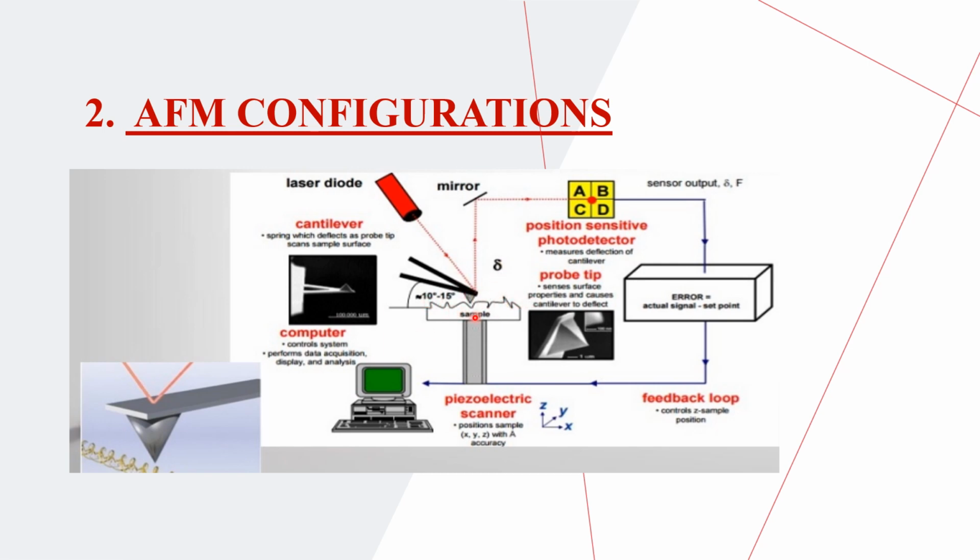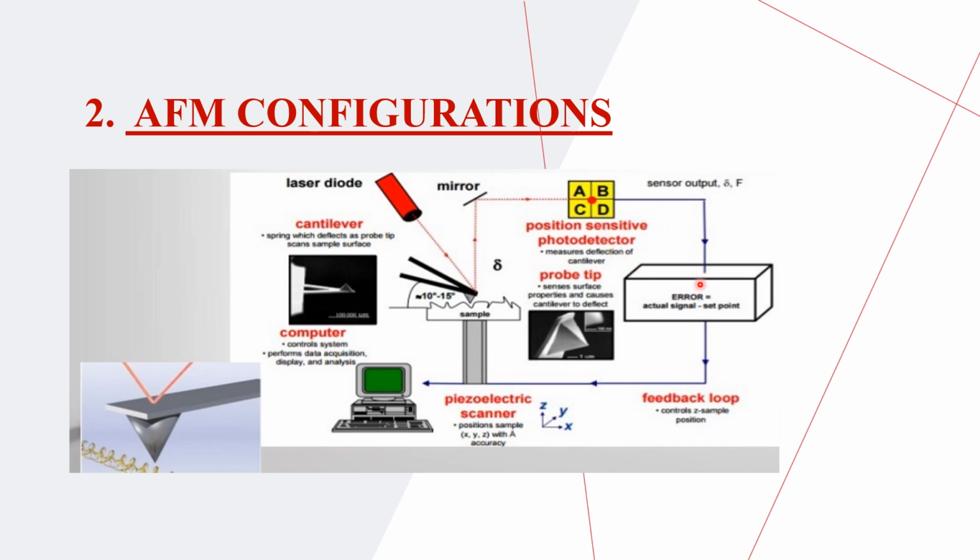One more point to be noted is that the distance between the tip of the probe and the sample has to be kept constant. So in order to keep it constant, when due to the change in roughness the cantilever is deflected, the deflection is measured with the help of a position sensitive photodetector, which measures the deflection of the cantilever.